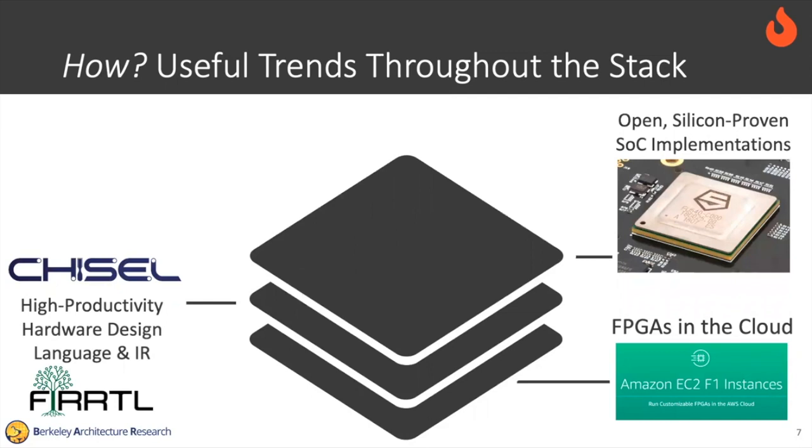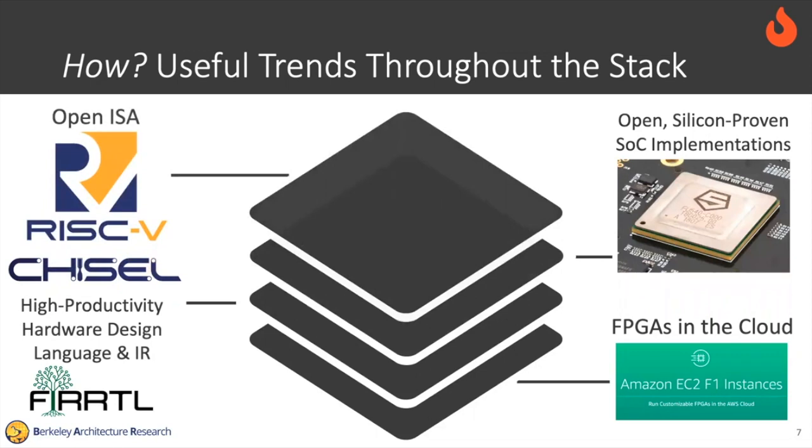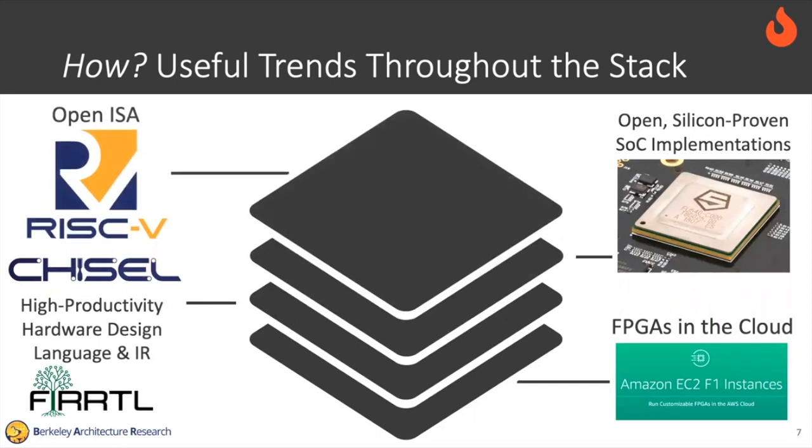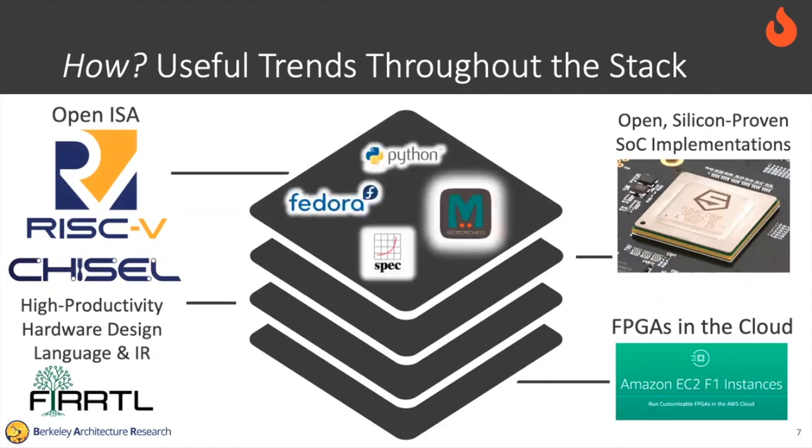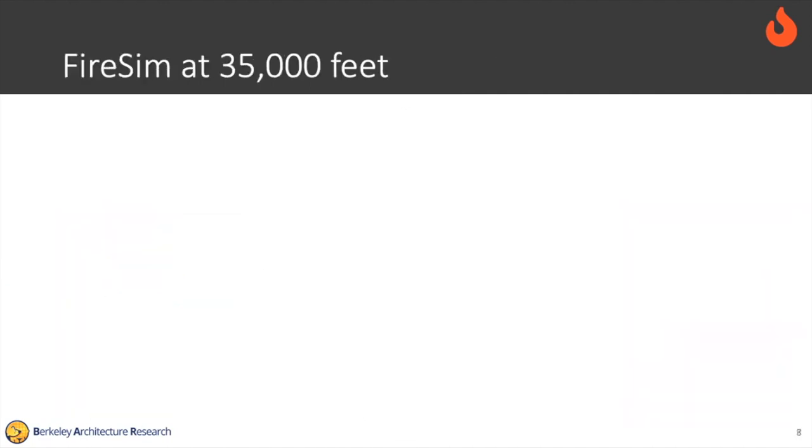And you heard a lot about this this morning in the Chipyard talks. But now we have this proliferation of open, silicon-proven hardware and SoCs in particular that we can actually model. And of course, those are no good if they don't have software that's compatible with them, right? And so RISC-V meant that we could get all of this nice software to run on top of the systems that we're modeling.